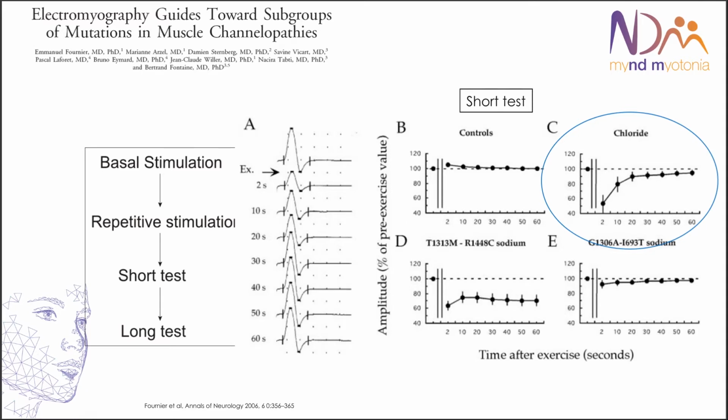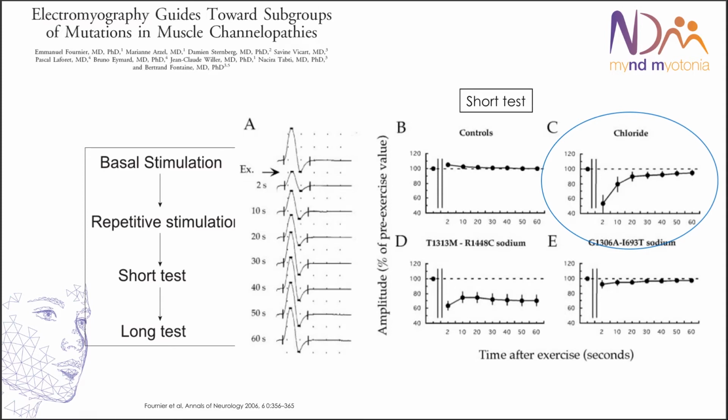And the amplitude of the motor action potential is going to recover and come back to normality very quickly, in 10 to 20 seconds. You can see that the pattern is more complicated in patients with mutations in the sodium channel, who can have a very important and maintained decrease, or, as you will see later, even an increase.